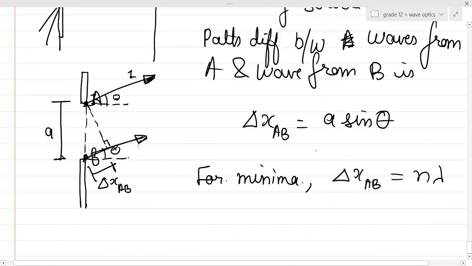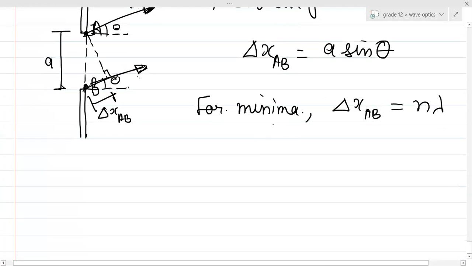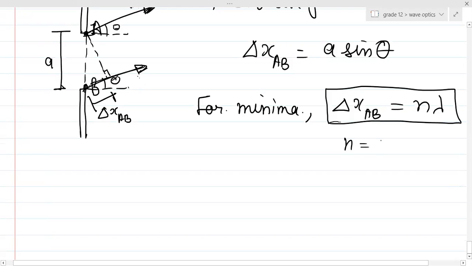Okay, so guys, watch this a bit carefully. Delta x AB, I'm assuming it to be equal to n lambda. Is it clear? I'm assuming the path difference between the first wave and the last wave is equal to n times lambda, where n is what?